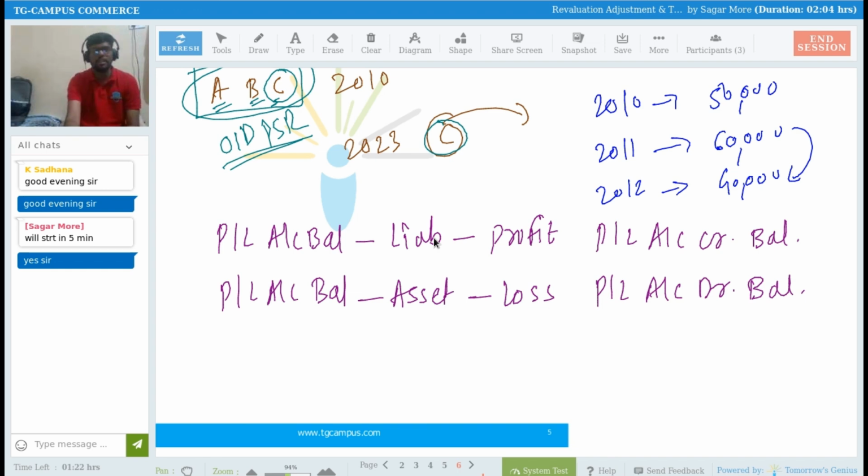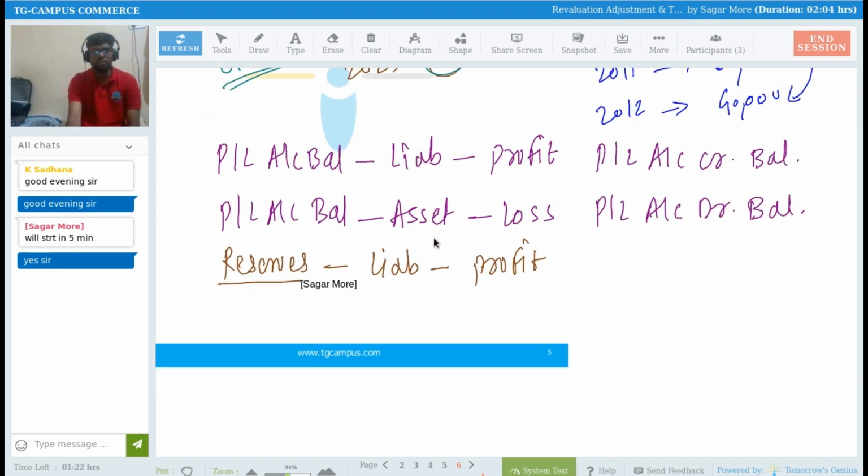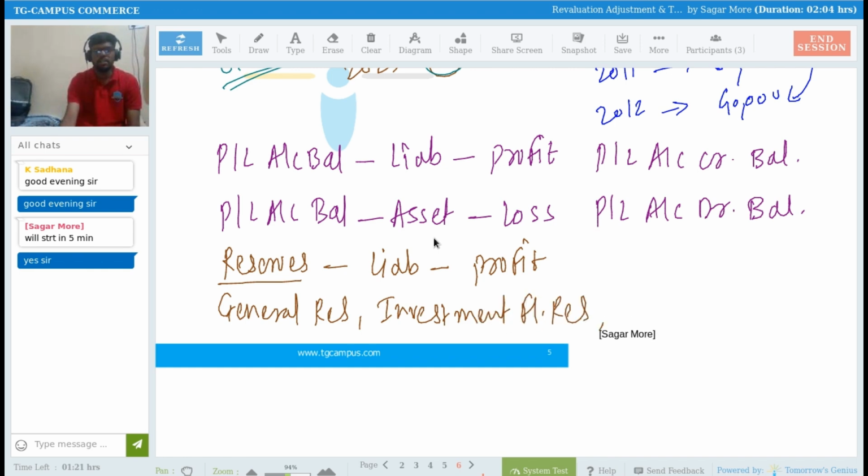Then what about reserves? There are different types of reserves, and reserves you will always find on the balance sheet liability side. It's always a part of profit. What kind of reserves are there? Reserves can be general reserve, investment fluctuation reserve, and workman compensation reserve.